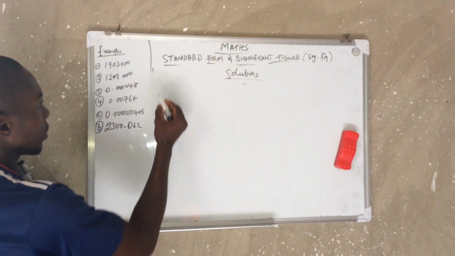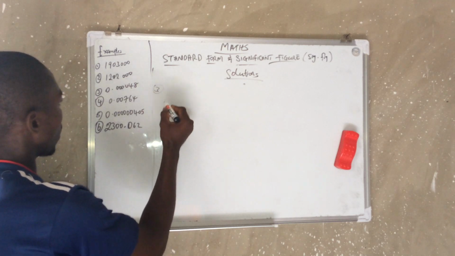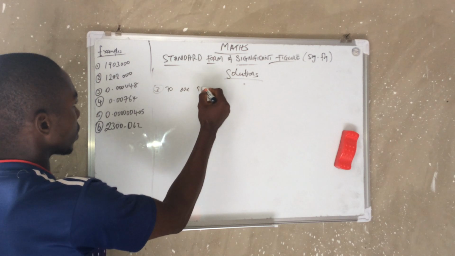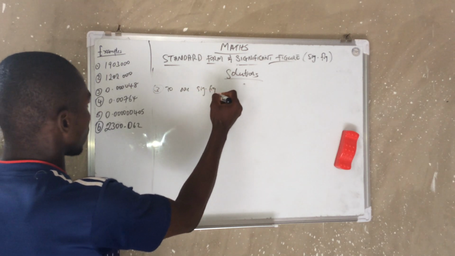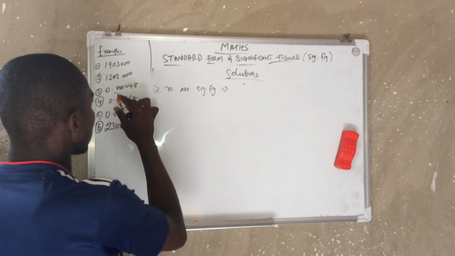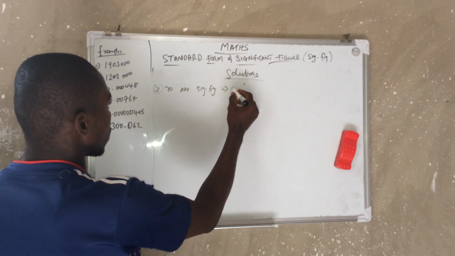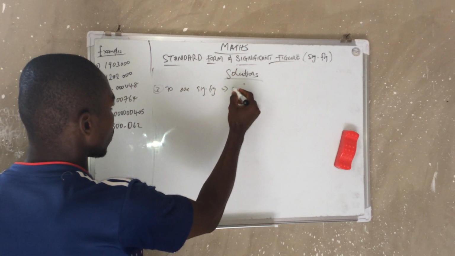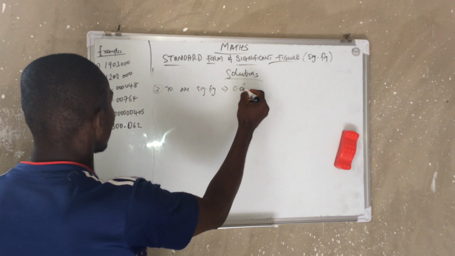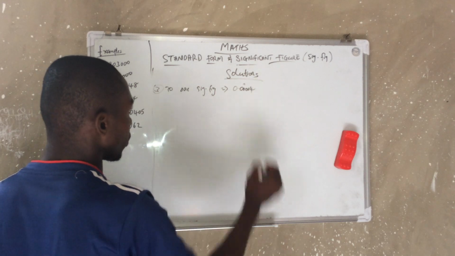Now number 3, to 1 sig fig, I have what? 4, which is what? 0.00004.